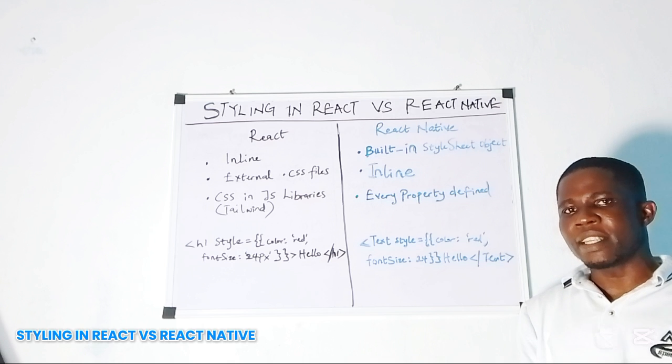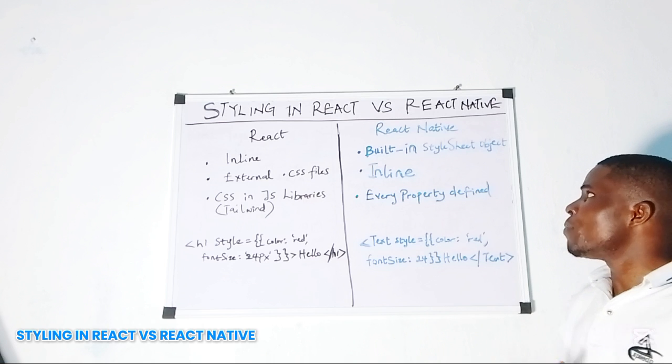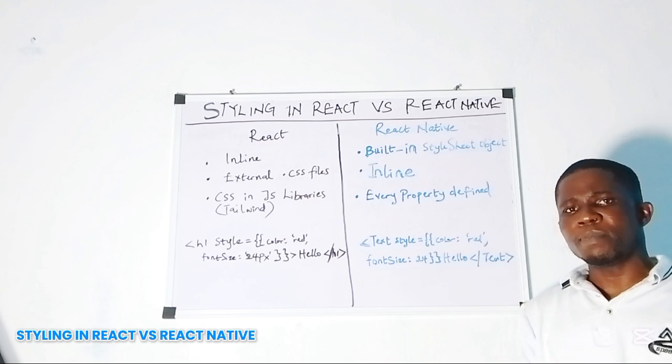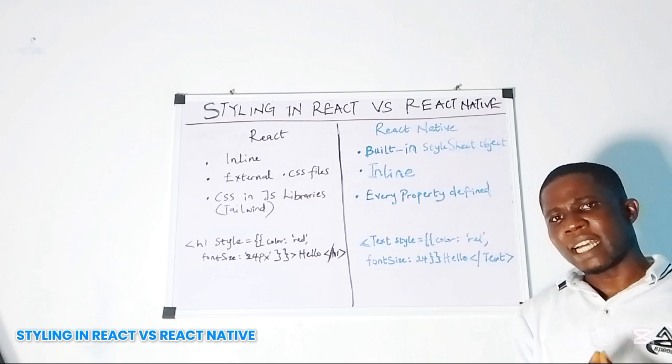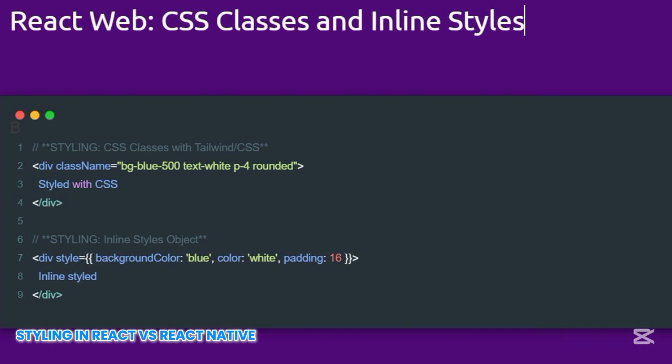Rather, what we are adding in React Native is what we call a built-in StyleSheet object to our React Native project, and that is what is going to add the styles, right? So here we can also add inline styles to our React Native project, just the same way we add inline styles to our React project.